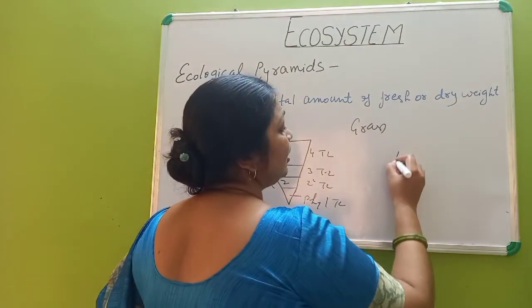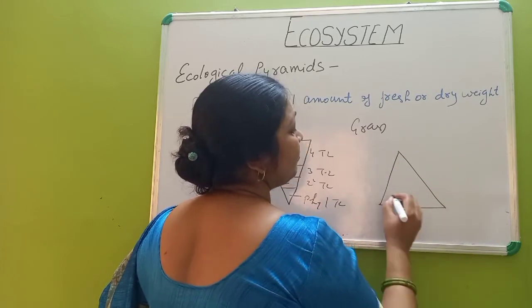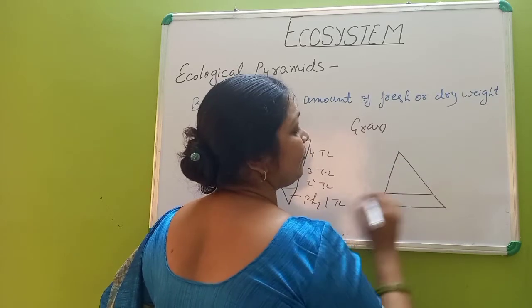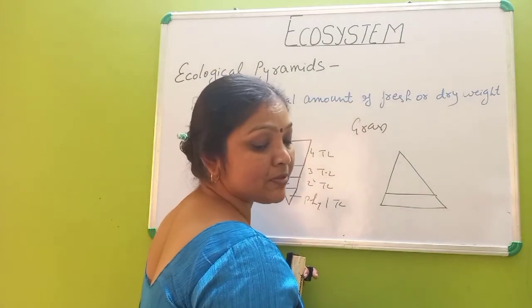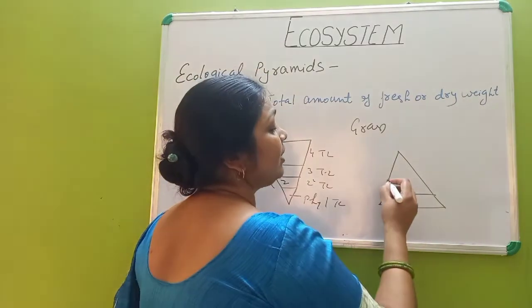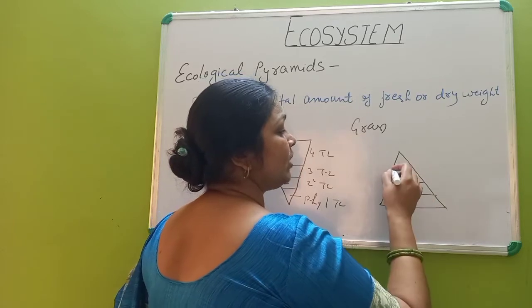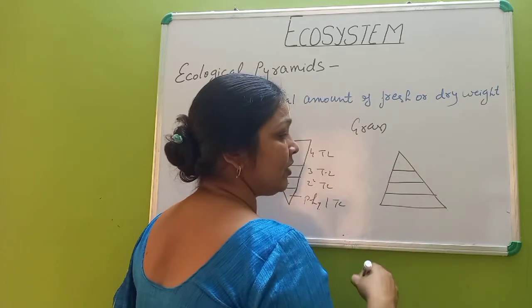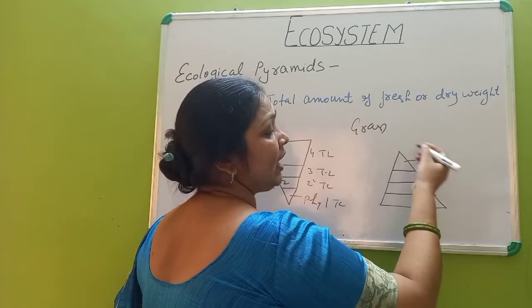But if we take an example of grassland, then here the pyramid is upright, because the number of grasses and their weight will be more, as many grasses grow in a small area. In comparison to that, the herbivores will be less, the primary carnivores will be less, and the secondary carnivores will be less.